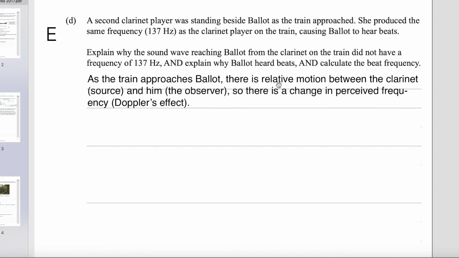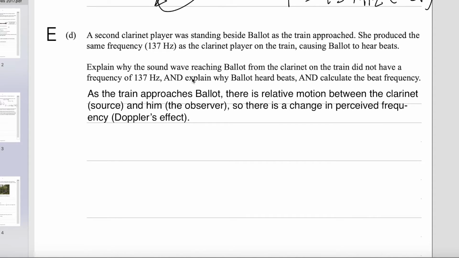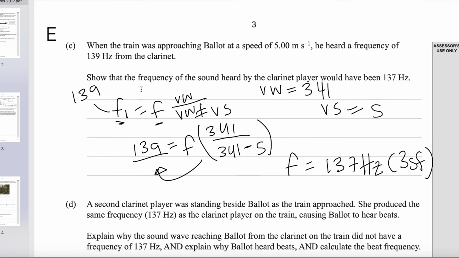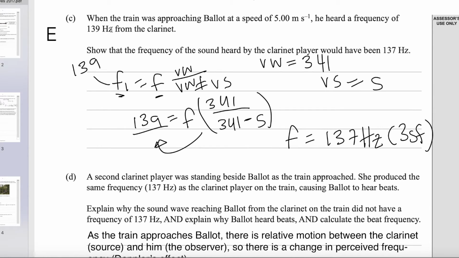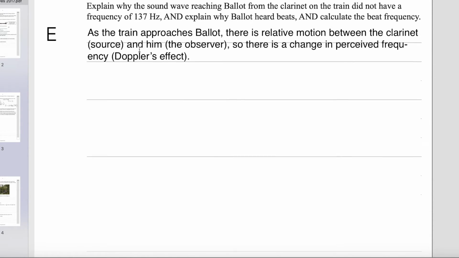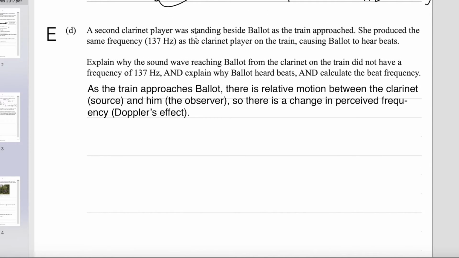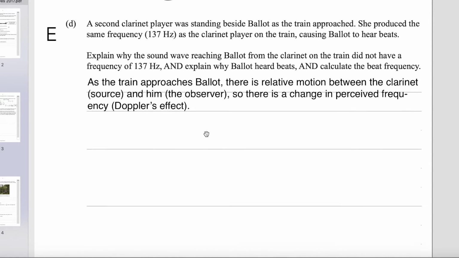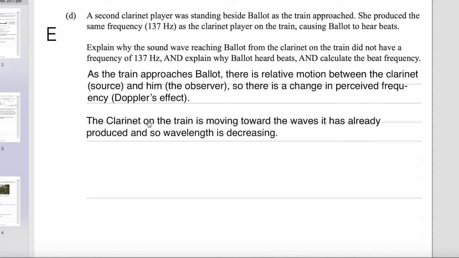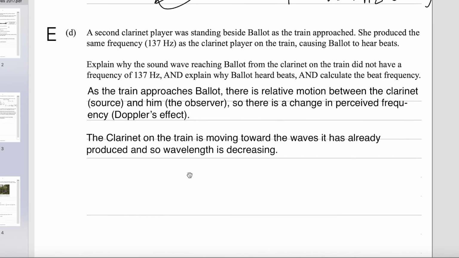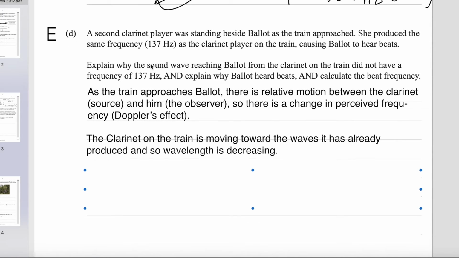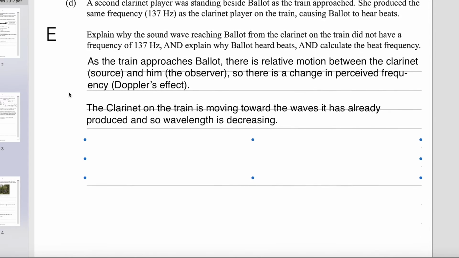So next up, you want to state why he's hearing a higher frequency. And if we just go back to this question, it tells you that he heard 139 instead of 137. So we know that the clarinet is moving towards him, so we'll just state that. And then we know that v equals f lambda, the equation, so we can relate to why he's hearing a higher frequency with that equation.